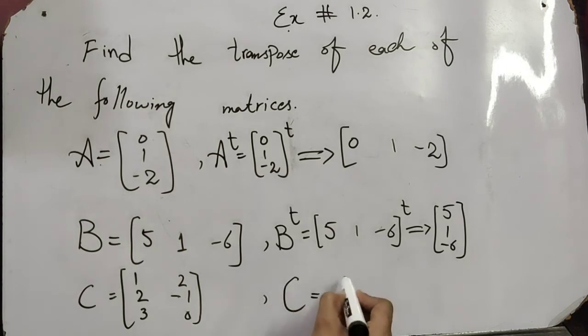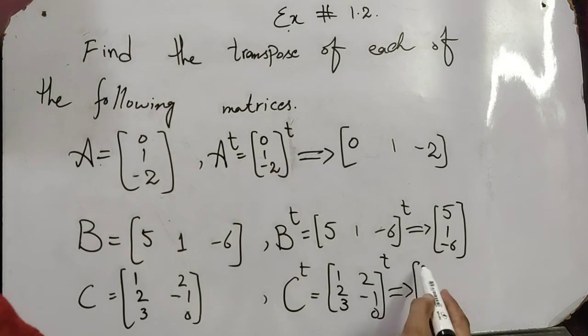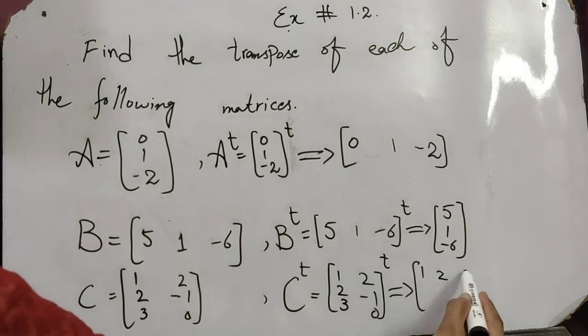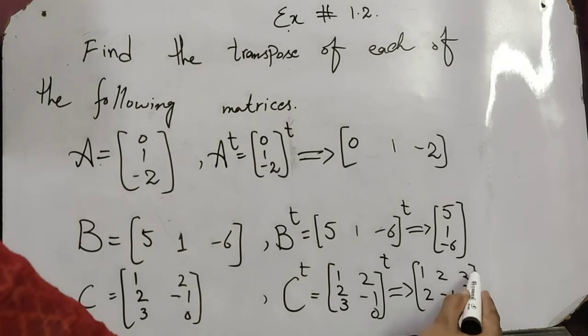C transpose will be equal to the transpose of 1, 2, 3, 2, minus 1, 0.